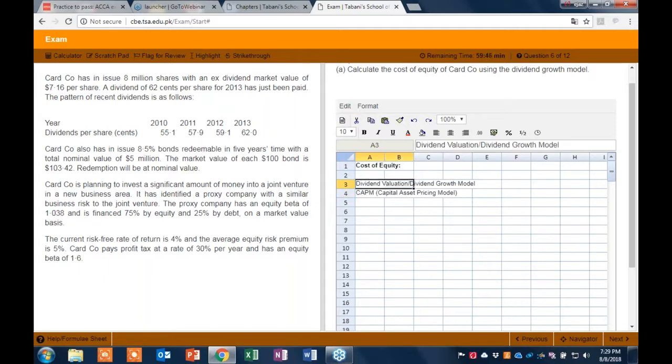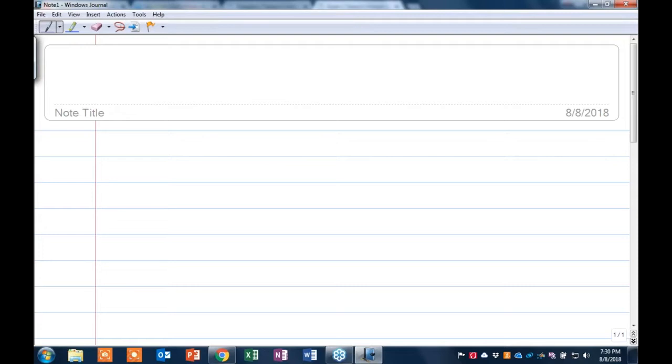So there are two basic models for calculating the cost of equity, and the question given here asks us to calculate the cost of equity using the dividend growth model. So let's calculate the cost of equity, denoted by KE, using the dividend growth model. Let me first write the formula for you in case you don't know it.